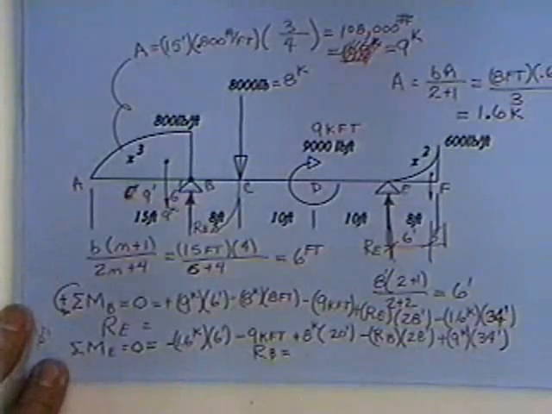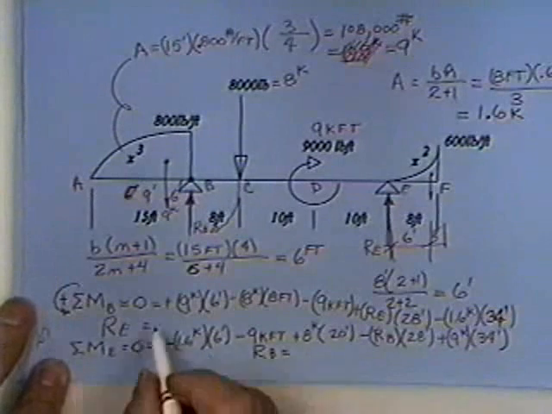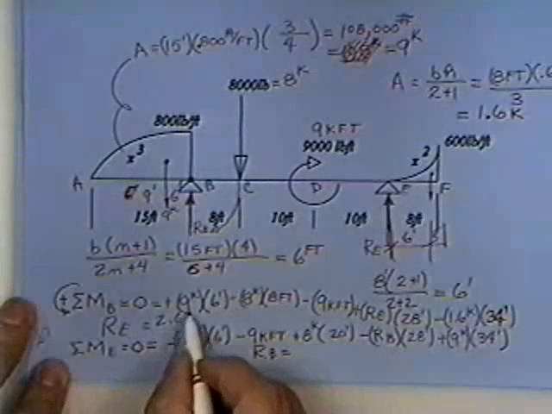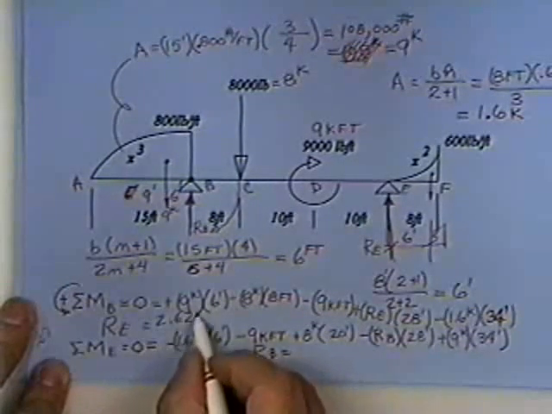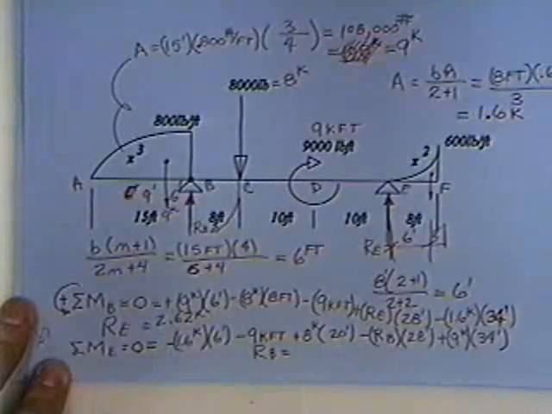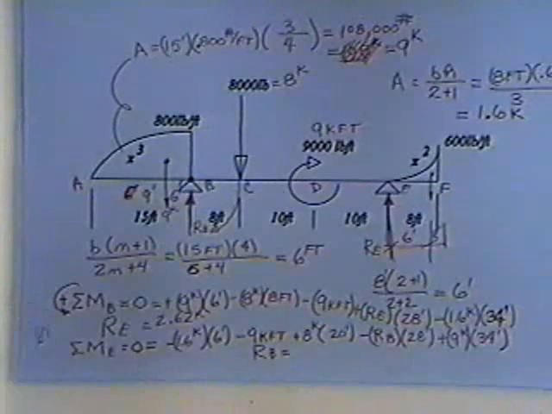Anybody got me an answer for R sub B? We think 2.62. What do you guys think? Great. By a little bit. Anybody get my answer? Yes. All right. 2.62 kips.